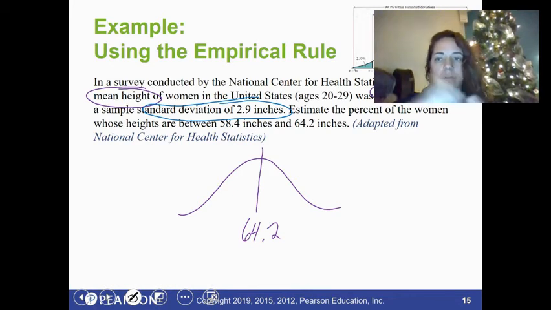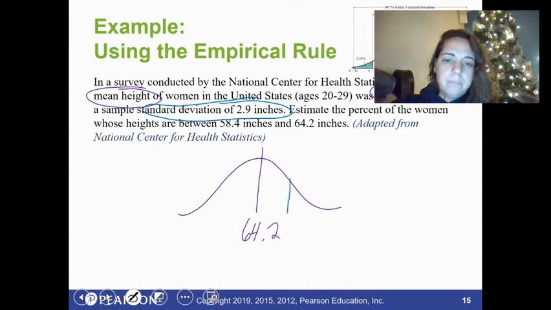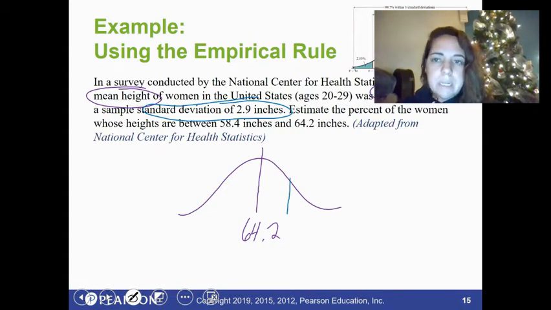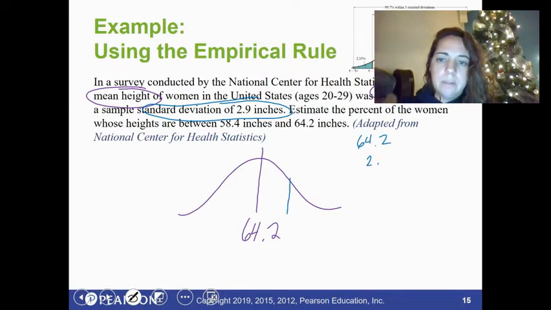So if I draw the rest of this out, if I go up 1 group, that's going to be whatever 64.2 plus 2.9 is. I've got to think really hard. Hang on. 64.2 plus 2.9.